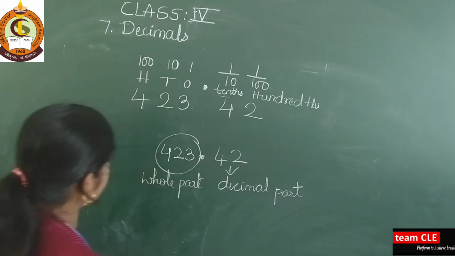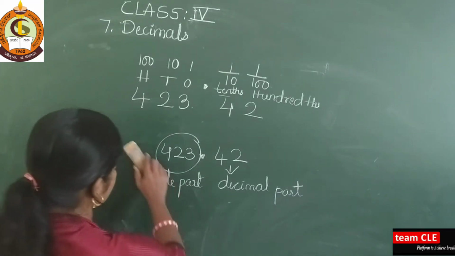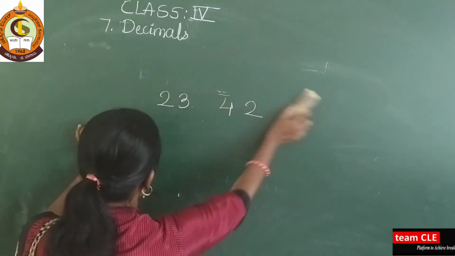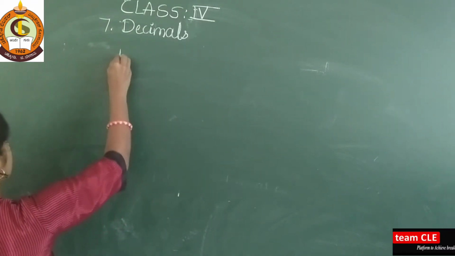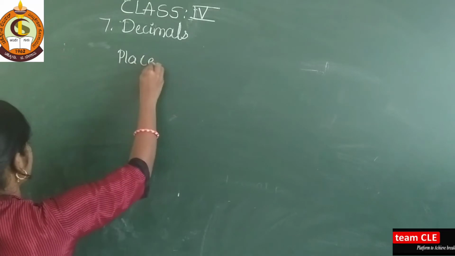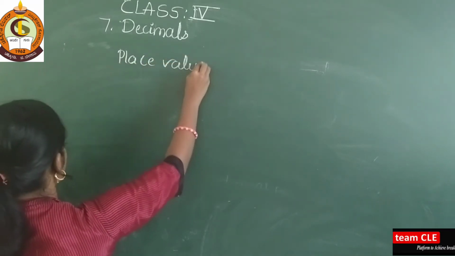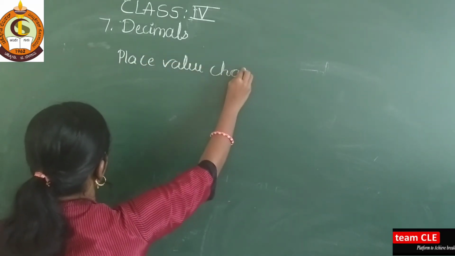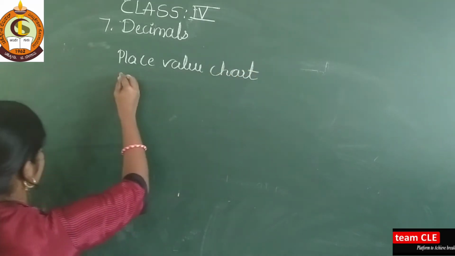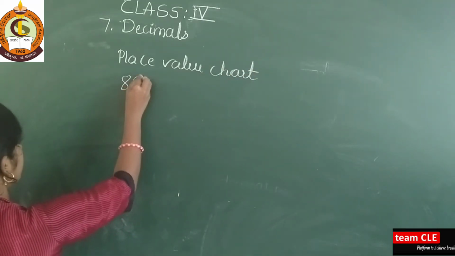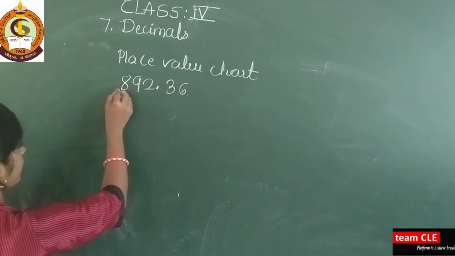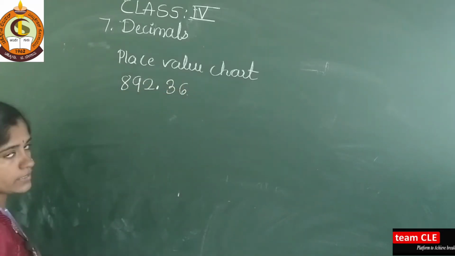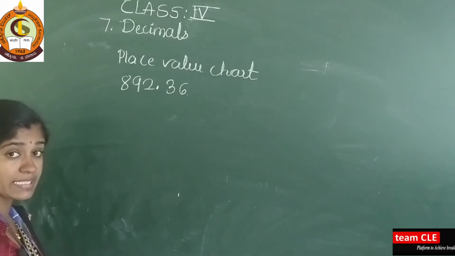So let us take a few more examples. I will first draw the place value chart of decimals. I will take one example, 892.36. Already you know this is the whole part and this is the decimal part.